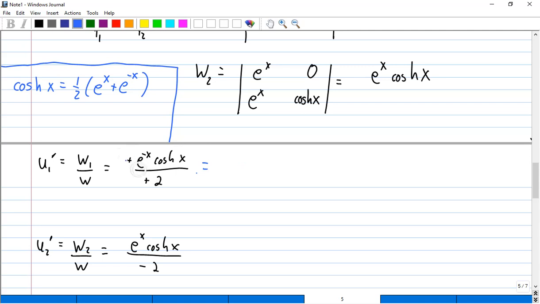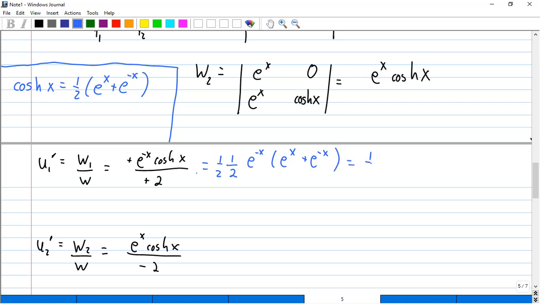So I have a 1/2 here already. So I have 1/2, and then when I plug that in, I have an e to the negative x. And if I plug in for hyperbolic cosine, I'm going to have another negative 1/2, and then e to the x plus e to the negative x.